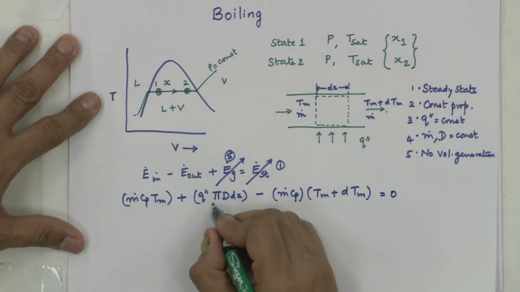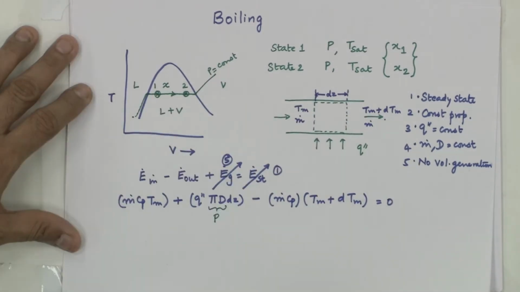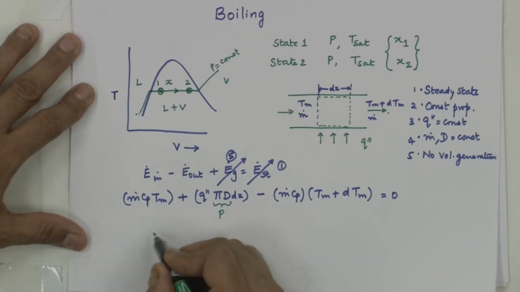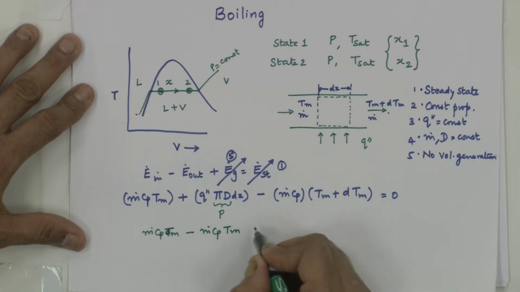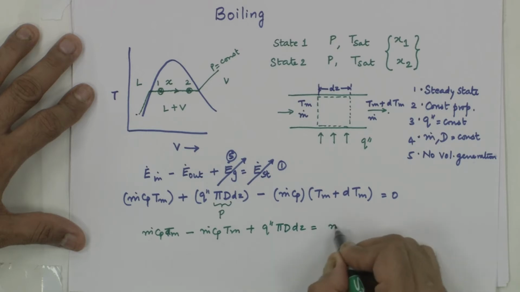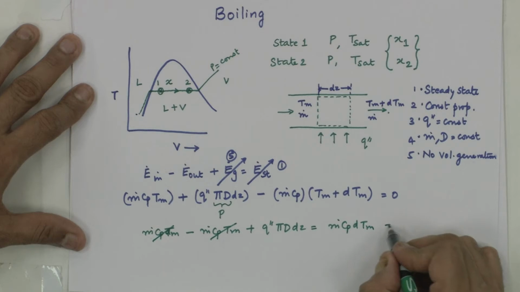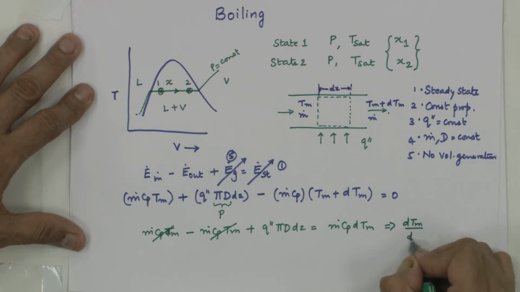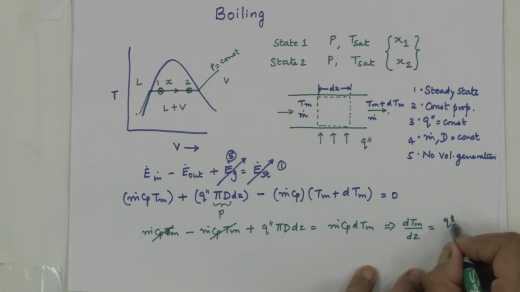This pi d dz for other geometries can be replaced by perimeter P into delta z, and if I simplify this, I would get m dot Cp Tm minus m dot Cp Tm plus q double prime pi d dz is equal to m dot Cp dTm, and this simply gives me dTm by dz is equal to q double prime pi d by m dot Cp.